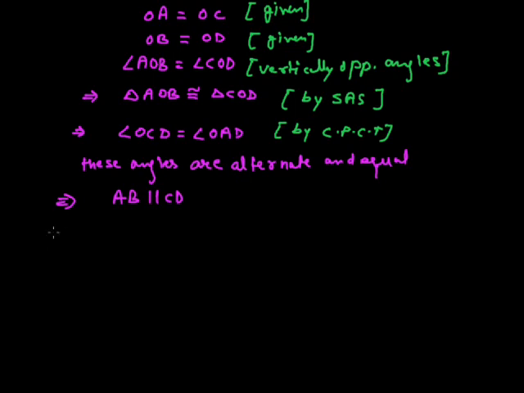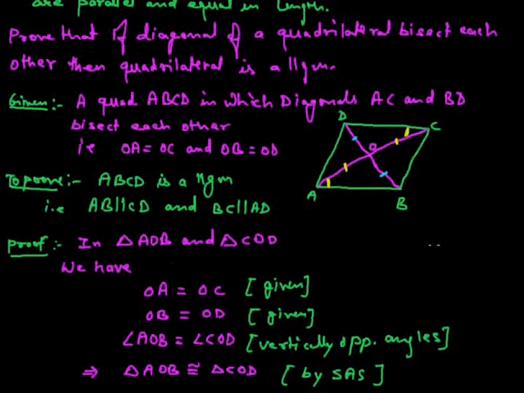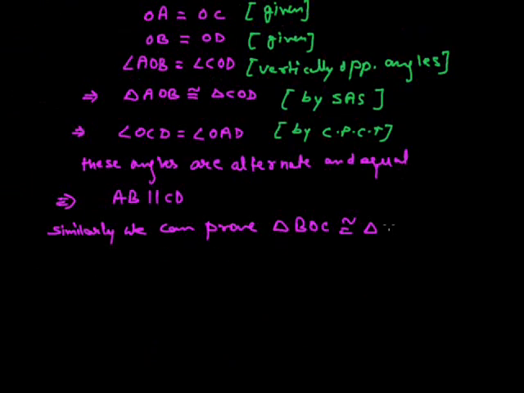Now similarly we can prove triangle BOC is congruent to triangle DOA, which gives us BC is parallel to AD.